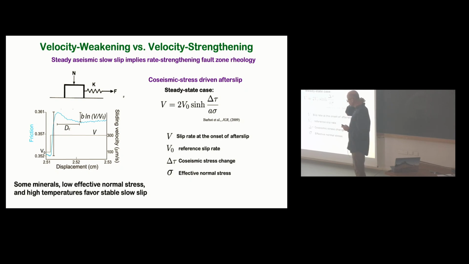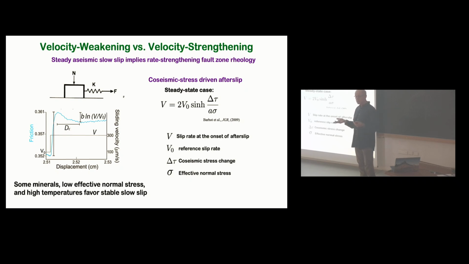But nonetheless, in a velocity strengthening system to first order, we can use that behavior to predict that if we do change stress, such as due to a coseismic event that changes stress on the surrounding fault, we would expect a velocity history of sliding that can represent post-seismic afterslip.